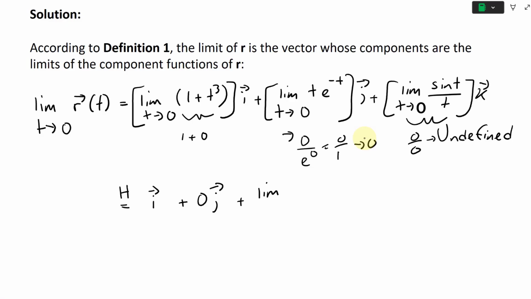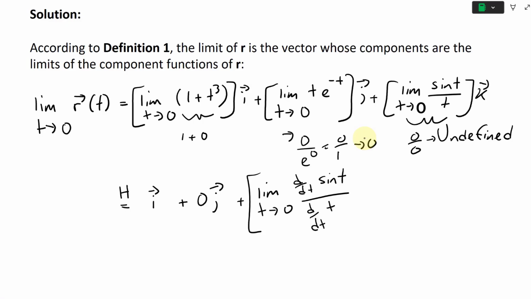So anyways, I'll put this in a bracket like this. This is going to equal the limit as t approaches 0, and take the derivative of that. This is just going to be d over dt of sine t divided by d over dt of the bottom.